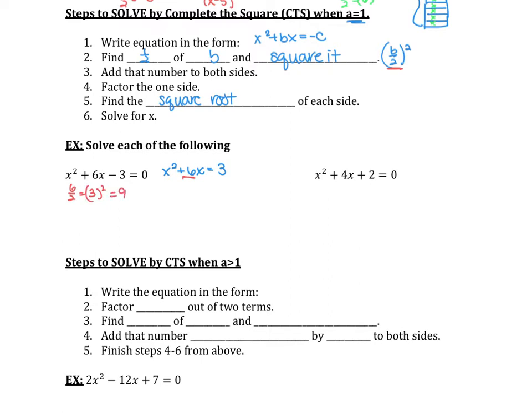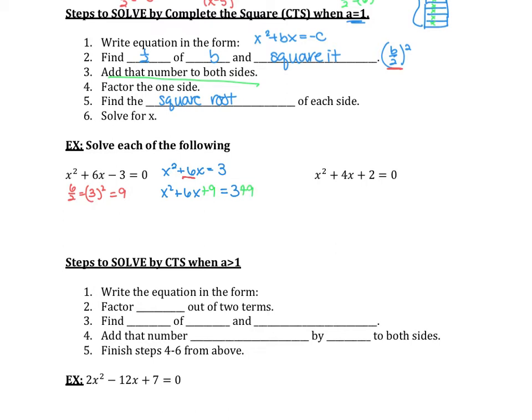Now what it tells me to do is add that number to both sides. So I'm going to take each side of my equation: x squared plus 6x plus 9 equals 3 plus 9. So I'm adding that to both sides.